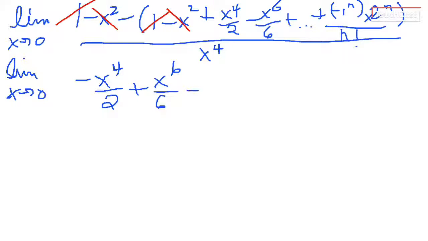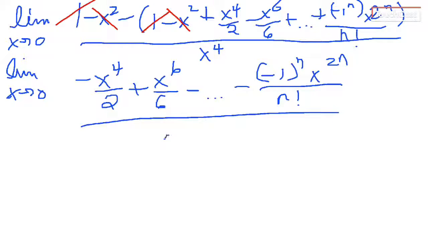So minus dot dot dot minus negative 1 to the nth x to the 2n over n factorial, and everything here is getting divided by x to the 4th.